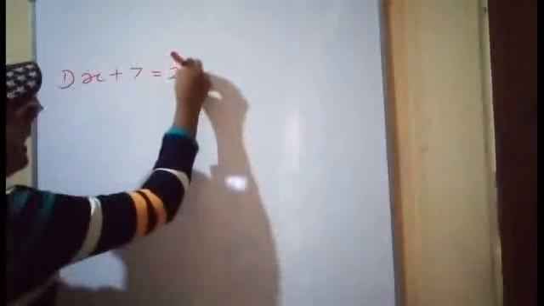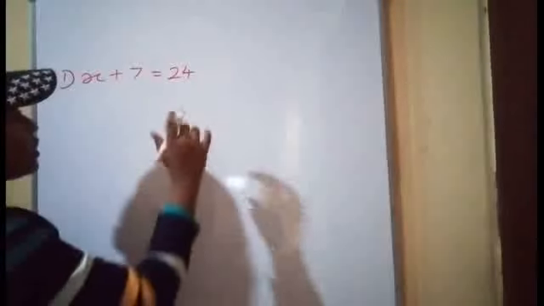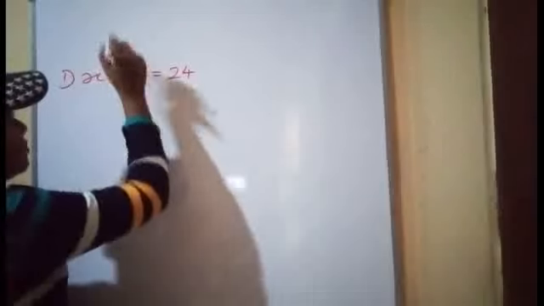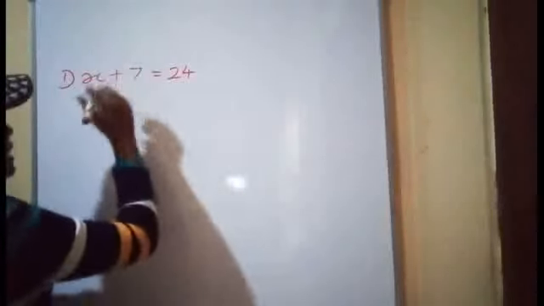The first one is x plus 7 equals 24. The operation in this equation is plus.